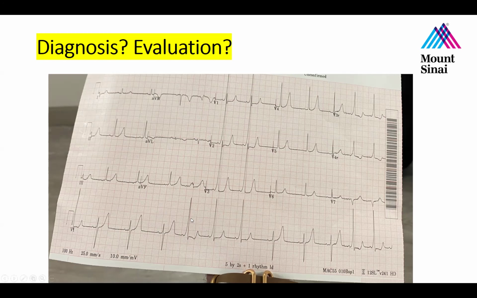So one could argue that the reason there's intermittent pre-excitation is that the pathway simply doesn't conduct at very rapid rates. But it's also possible that because the pathway is so far leftward, so much further from the sinus node than the AV node, the AV node is physically closer and can depolarize the heart before the impulse from the sinus node even makes it to the very left lateral accessory pathway.